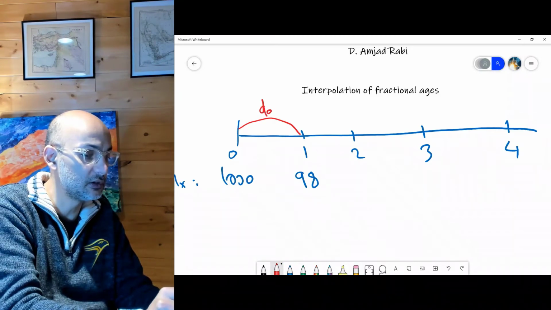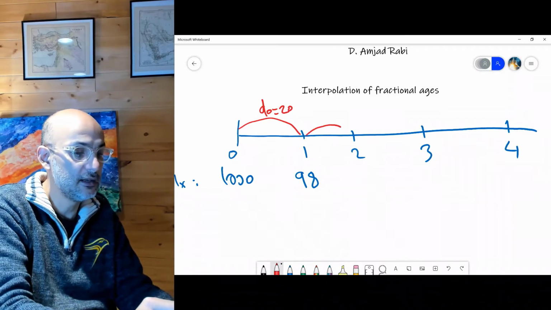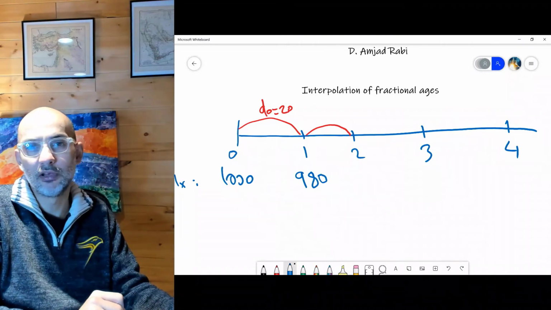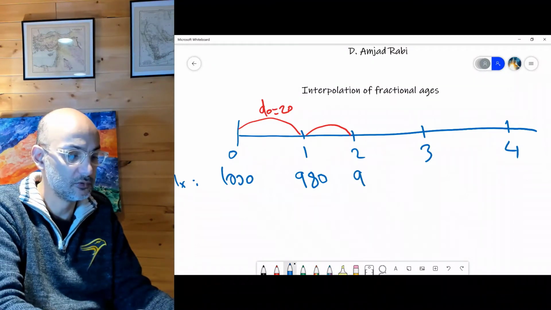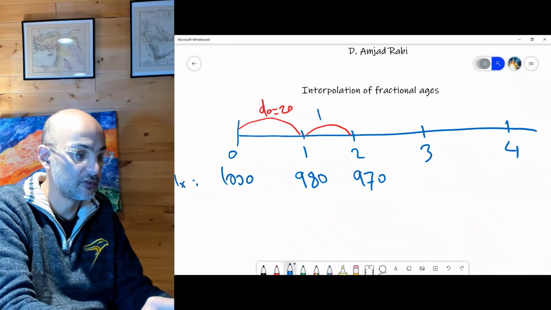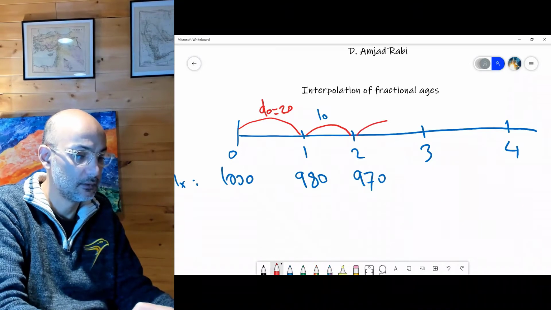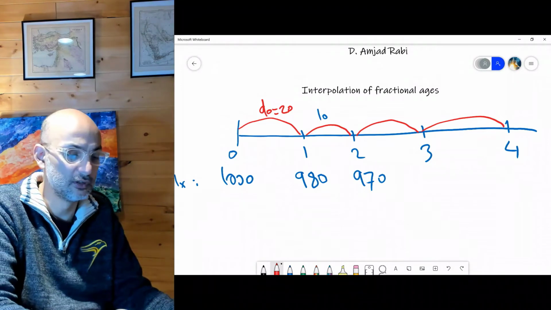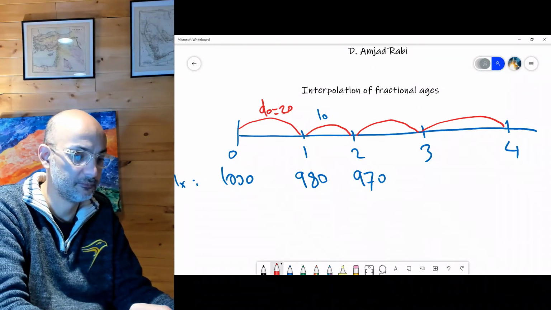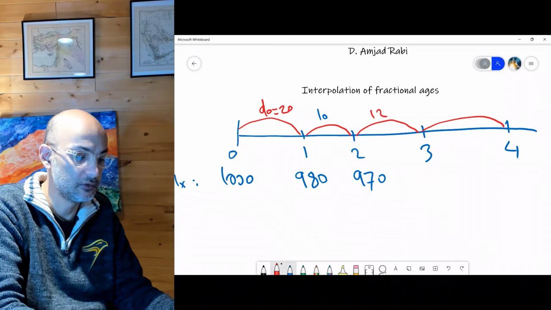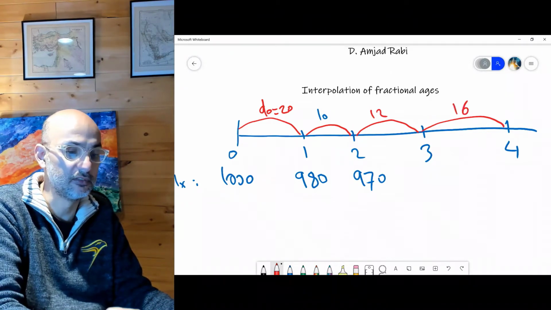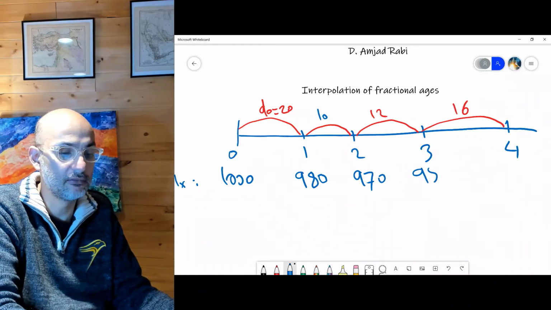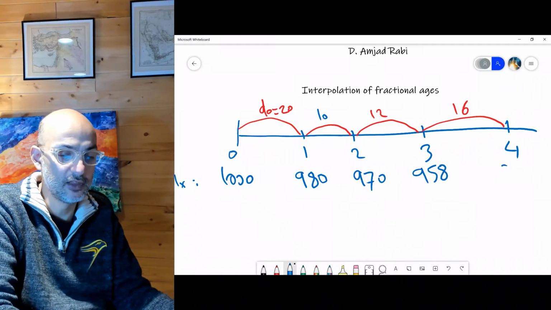So D0 equals 20, and then D1 we have 80, then we have another 10, so we move to 970, and then let's say another 12, and then we have 16 deaths. So if we trace this cohort, we'll have 958, and this is 942.